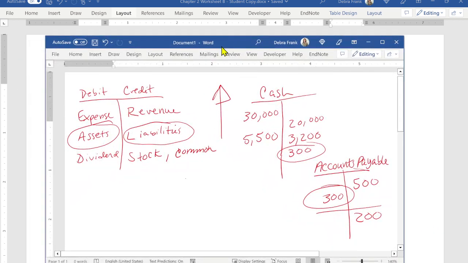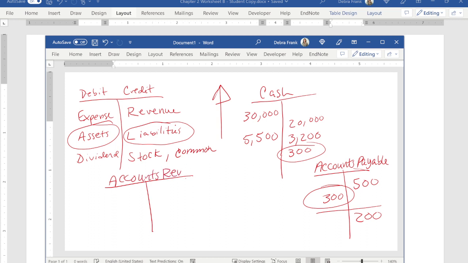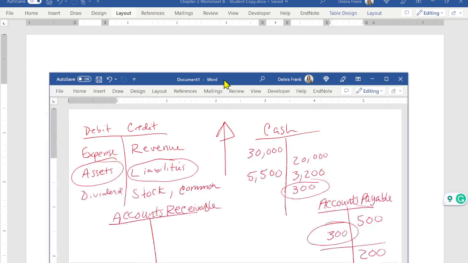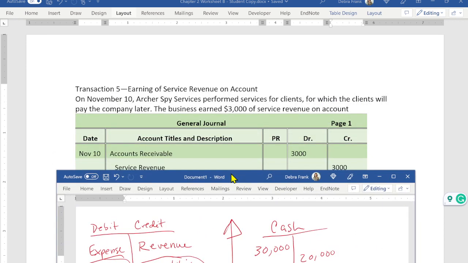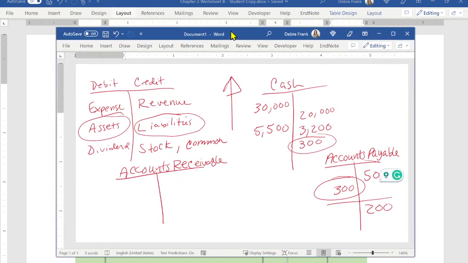So let's draw another T account for accounts receivable. And if you were writing all your T accounts, you would have already had an accounts receivable. I don't remember what they had going on, but we know for sure from transaction 5 that there was a $3,000 debit. So I'm just going to put that $3,000 debit there so we have it.